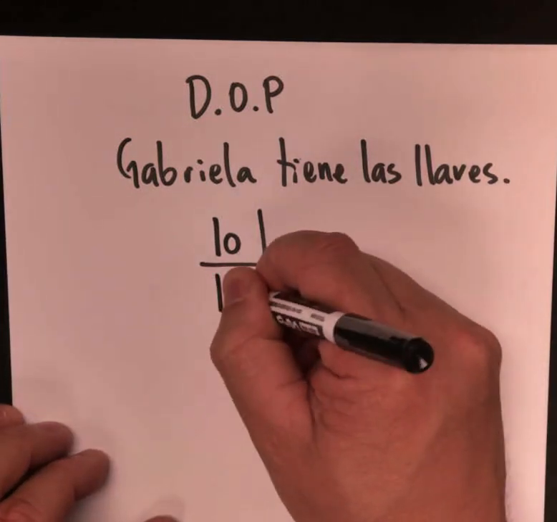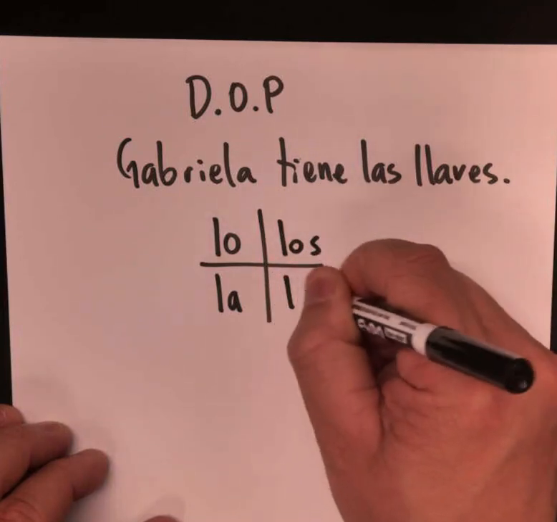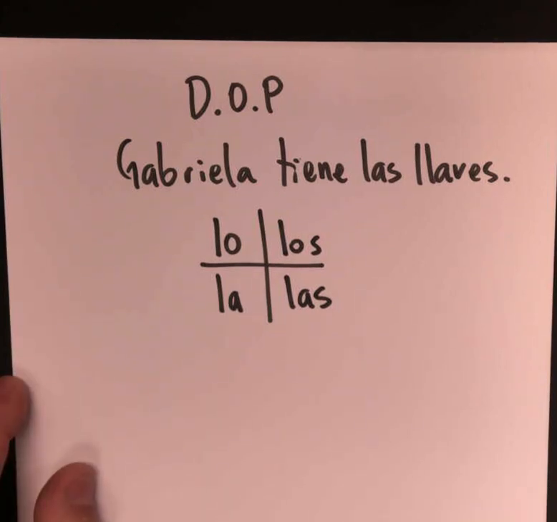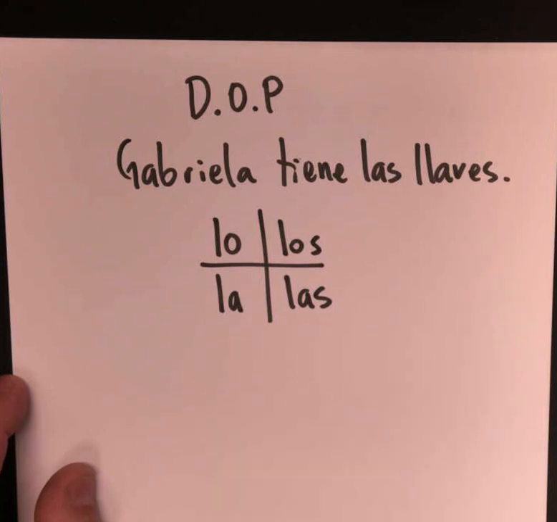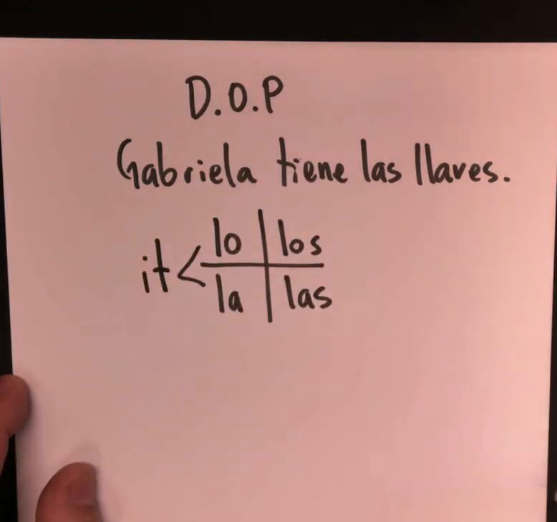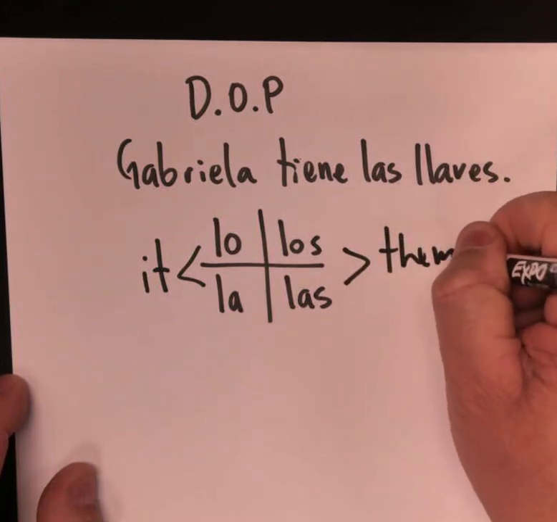The rest are going to look very similar to the articles. So instead of el, it's going to be lo. This in English is going to be it, and this in English is going to be them.